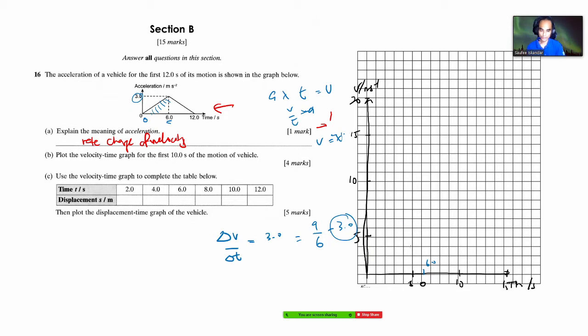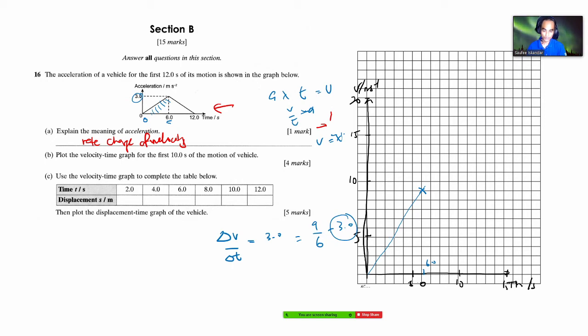Correct. So if you calculate, this is 10, this is 6, so over here it will end over there. Okay. So velocity increases from 0 to this point. The change of velocity must be maintained, right?